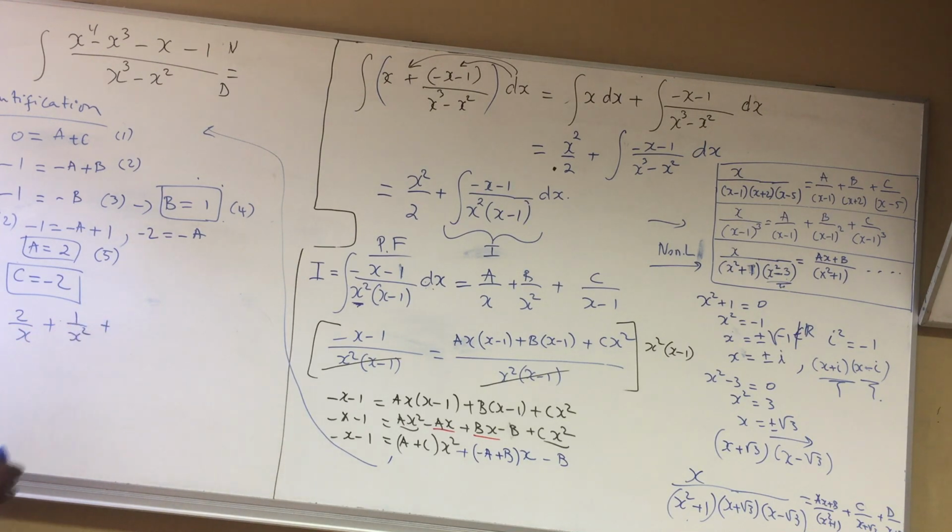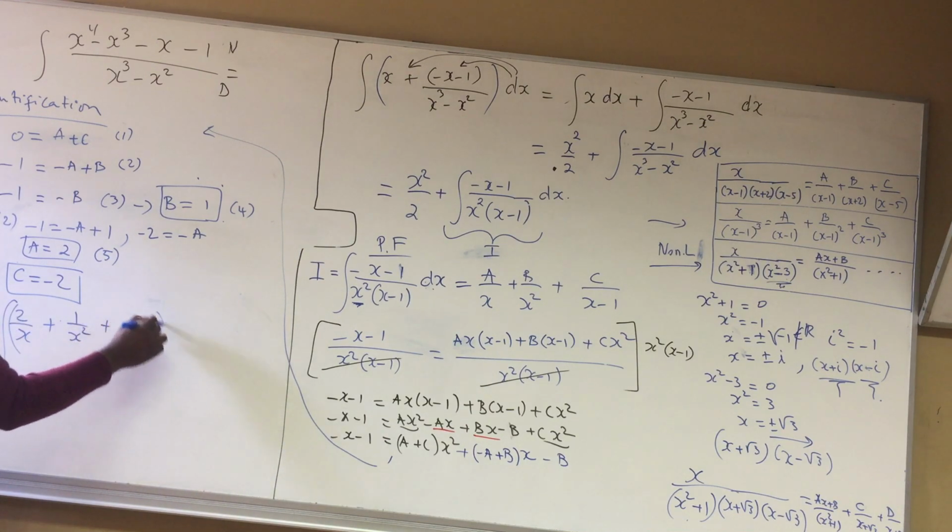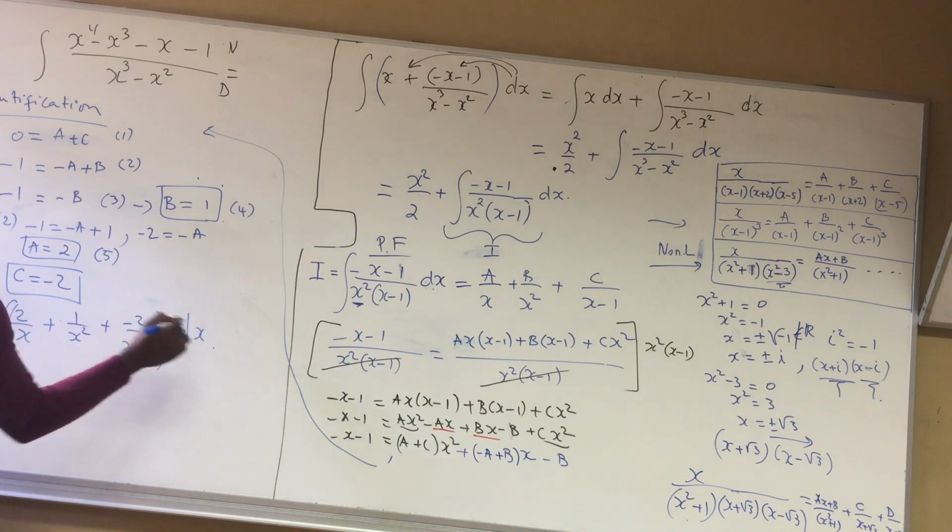And the value of c is equal to what? Minus 2 over x minus 1. So I'm having this.